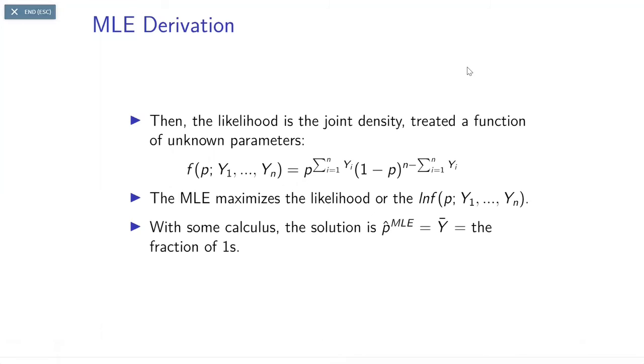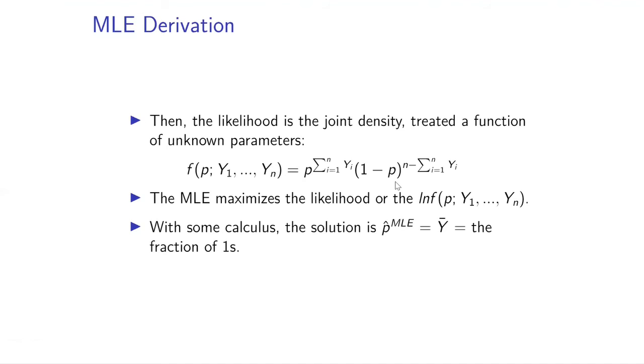The MLEs are the parameters that maximize the log of the likelihood function. In this case, since there is only one parameter, p, the MLE is the p that maximizes the log of the likelihood function, given here.